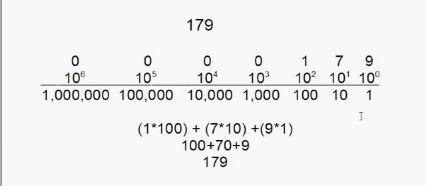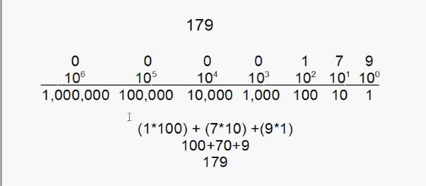And what that means is, this is the 10 to the 0 place, right? 10 to the power of 0 is 1, 10 to the power of 1 is 10, 10 to the power of 2, or 10 times 10, is 100, 10 to the power of 3, or 10 times 10 times 10, is 1,000, 10 to the 4, 10 times 10 times 10 times 10, is 10,000, and then 100,000 and 1 million.